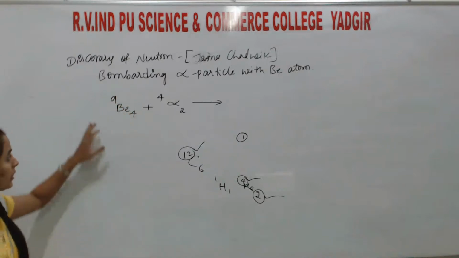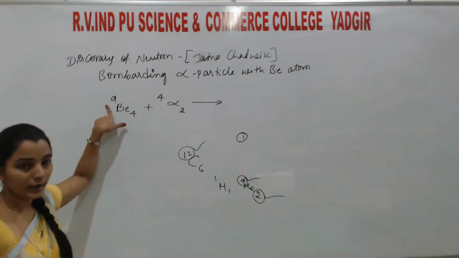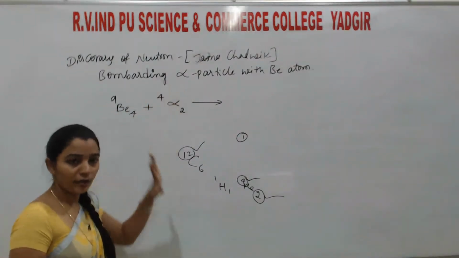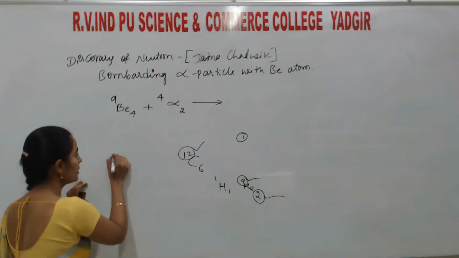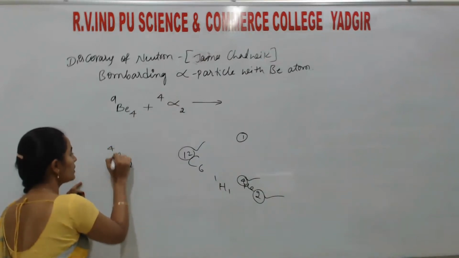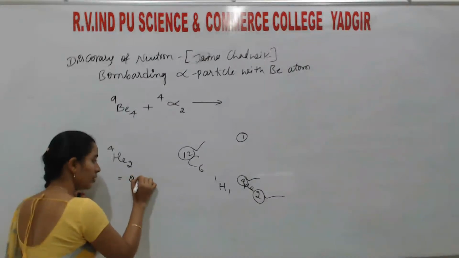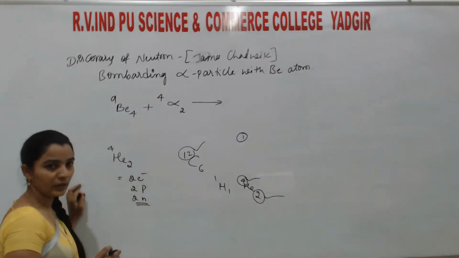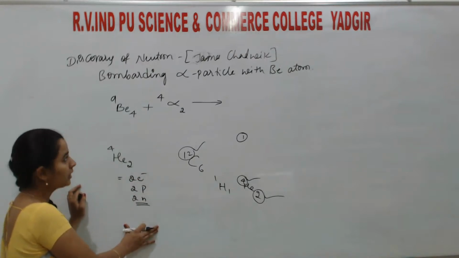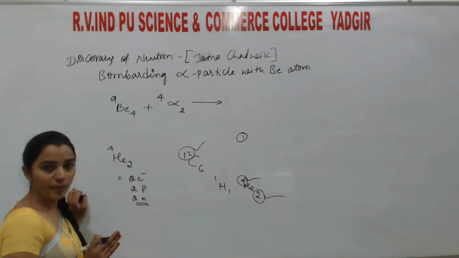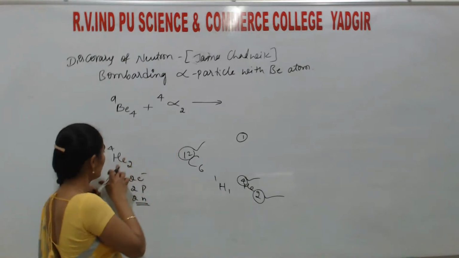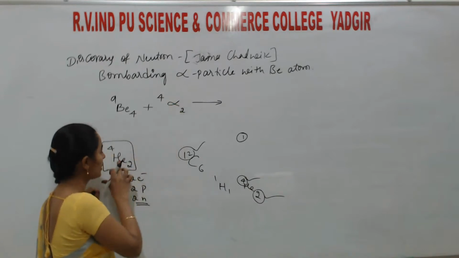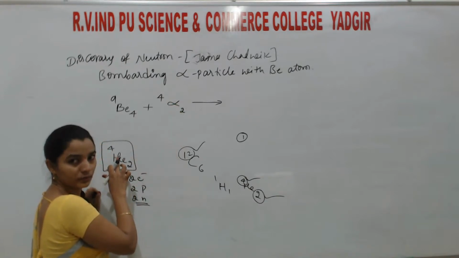Beryllium is Be 4, 9. When it is bombarded with an alpha particle, alpha is equal to He 2, 4. Why? Because an alpha particle consists of 2 electrons, 2 protons, 2 neutrons. If it is like that, then it is called an alpha particle. This alpha is equal to the configuration of He 2, 4. In the place of alpha, you may take He 2, 4 also.